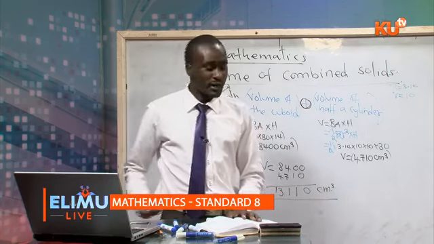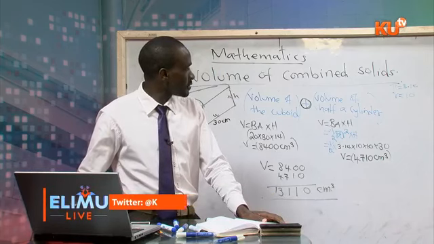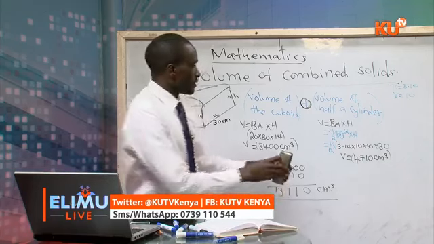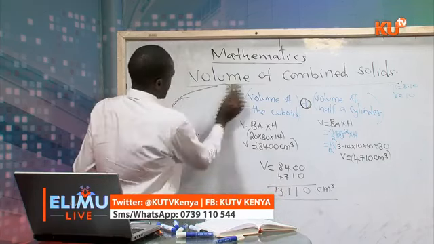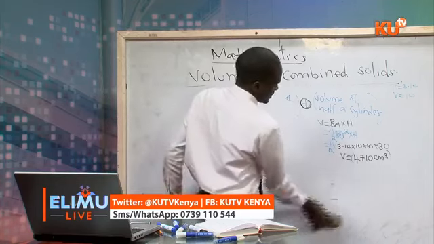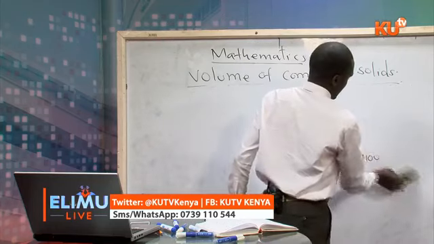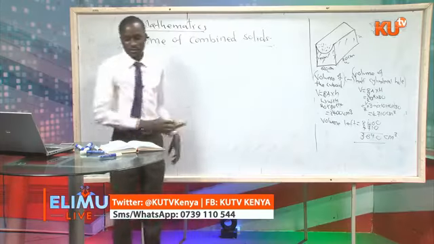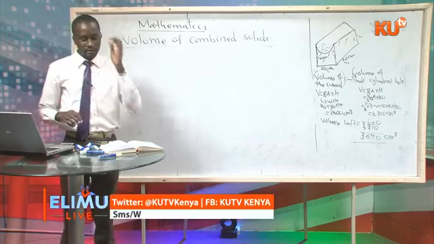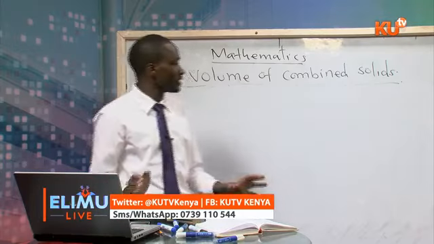I want to take you through another one. This one now will be about trapezium, a solid of a trapezium or prism. So we can clear with this one. And as a learner, what is important when you are working out question concerning volume, base area is the most important thing.